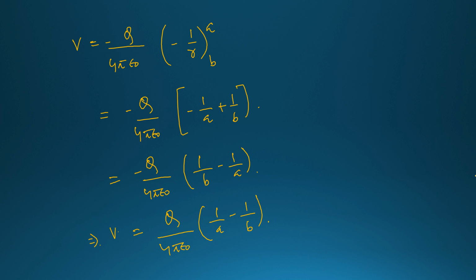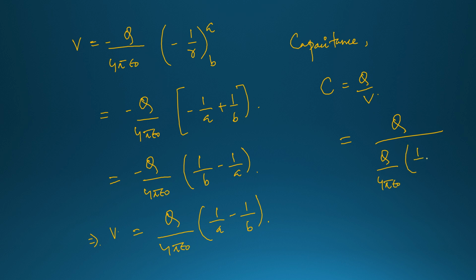Now we need the capacitance. C is equal to Q by V, which is 4 pi epsilon naught divided by 1 by A minus 1 by B. Okay, this is the answer.